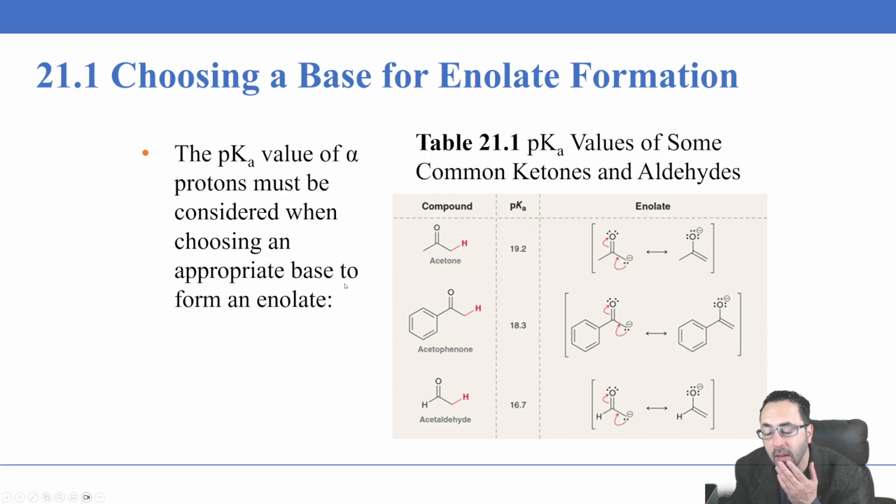Just taking a quantitative look at the acidity of the protons at the alpha carbon, if we have, for example, acetone, the pKa for its alpha proton will be 19.2. Just remember as a comparison, the proton of water has a pKa of 15.7. So these are all less acidic than water.